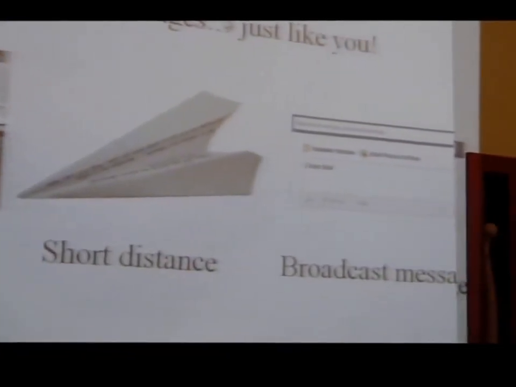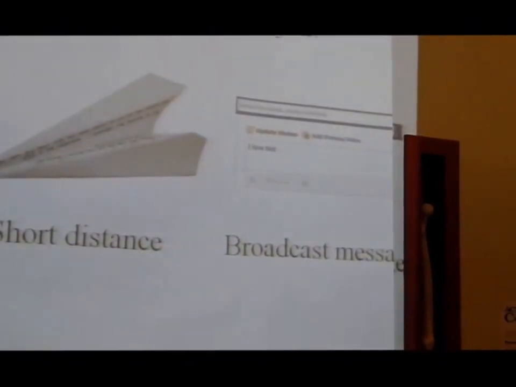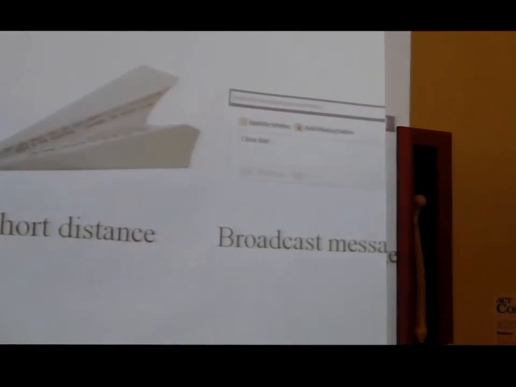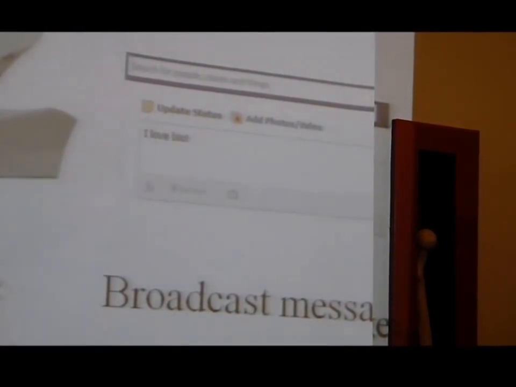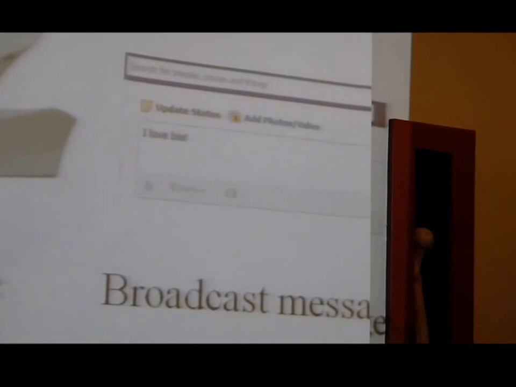And then lastly, we have a broadcast message. A broadcast message is the equivalent to what a hormone does. It sends this message out across your entire body saying, this needs to happen, or I'm going to put this out there for the whole body to know. But just like if you post something on Facebook, which can go out to all of your hundreds of friends, only a few are going to necessarily respond.